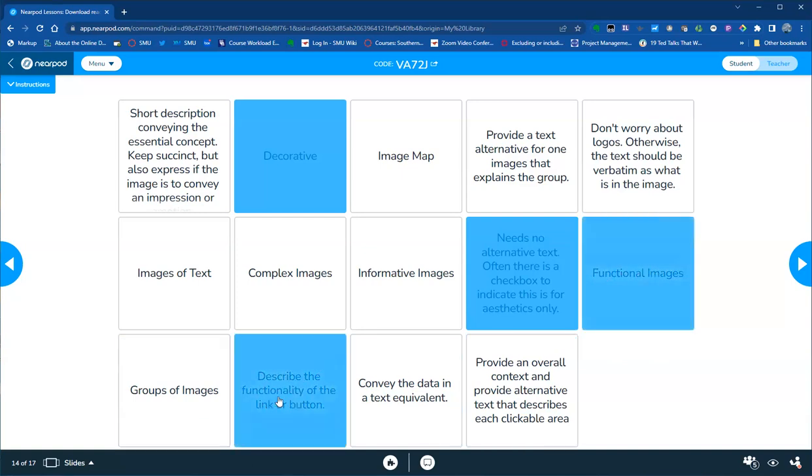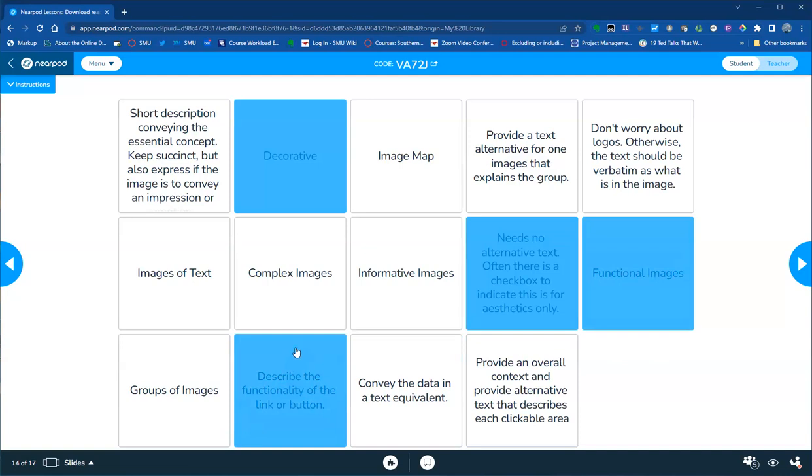Describing the functionality of the button. Just like on that click to schedule a consultation, this button provides access to the calendar so that you can schedule time. However you want to describe whatever that button is doing is what we want.